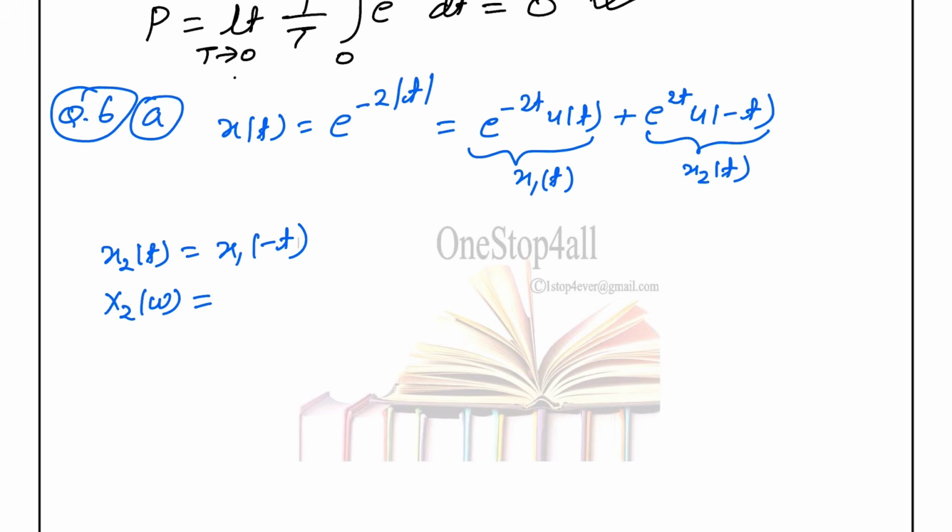That will be simply x1 of minus omega. So, this is your Fourier transform. Which property? It is the time reversal property.